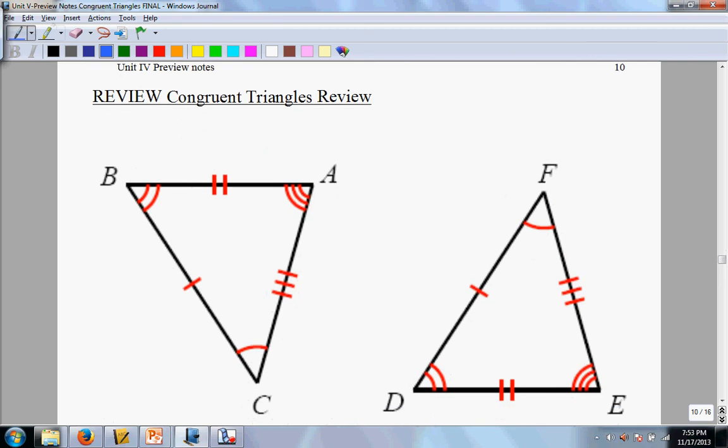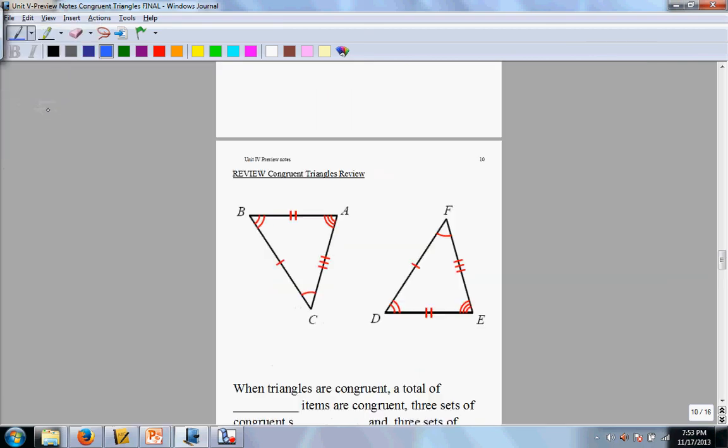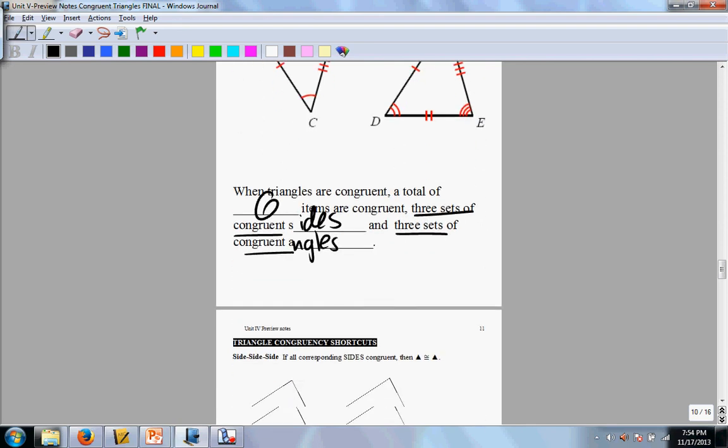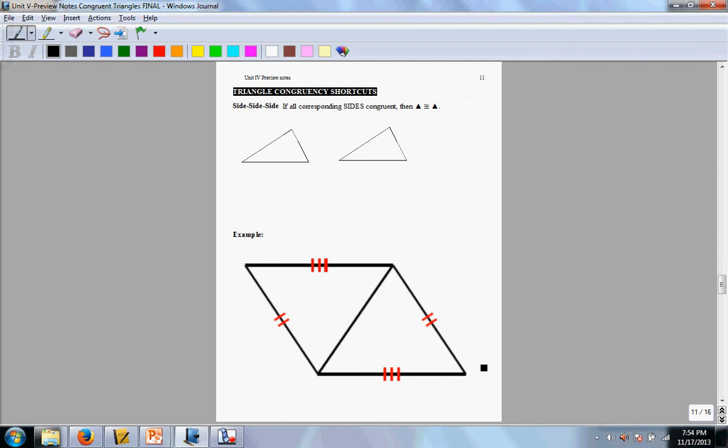So to review, when triangles are congruent, we have a total of 6 items which are congruent. 3 sets of congruent sides and 3 sets of congruent angles. A total of 6 pairs. However, just like in similarity, there are shortcuts to congruency.